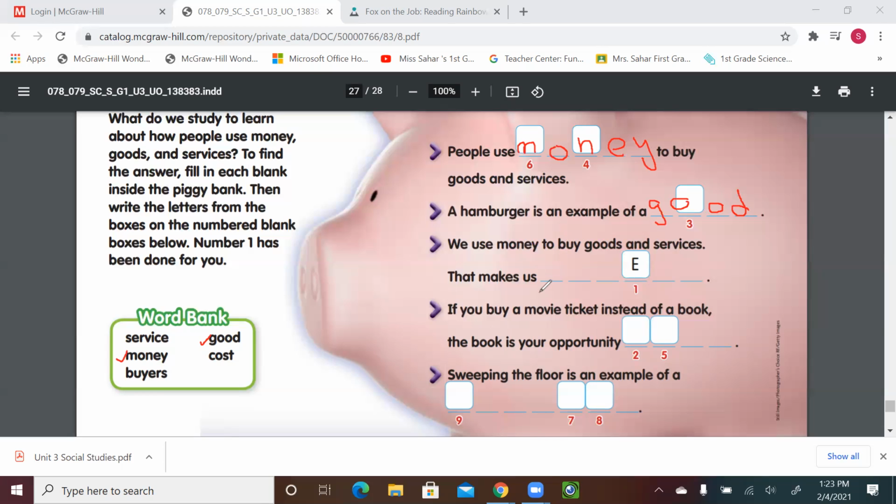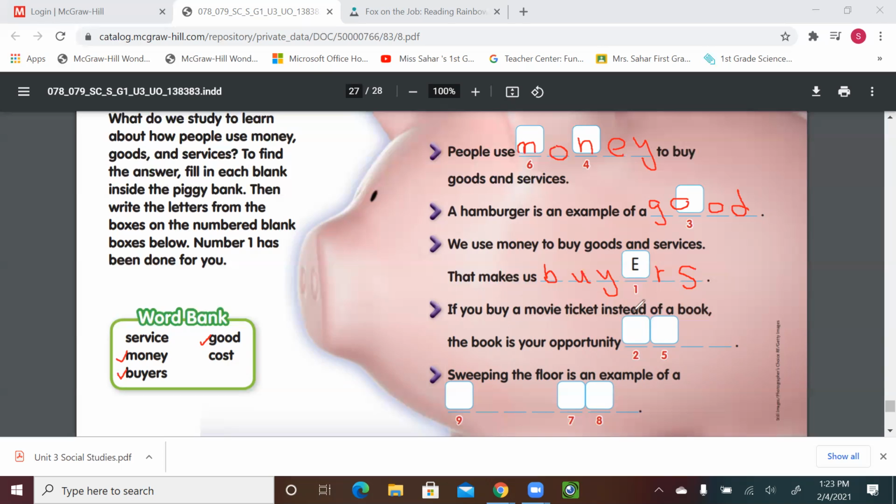So we are the buyers. We're going to write the word buyers. So we're going to put the B, U, Y, and then the E is written for us. We're going to write the next letter R, and then S. All right. So we use the word buyers.